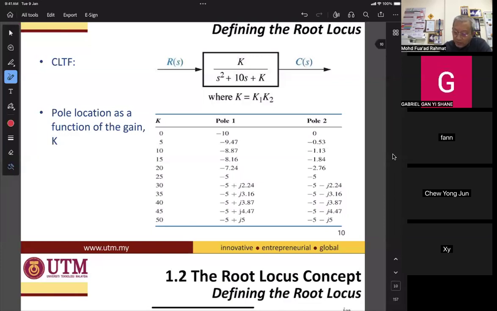So, I repeat again. Last 2 days, I discussed the root locus plot.